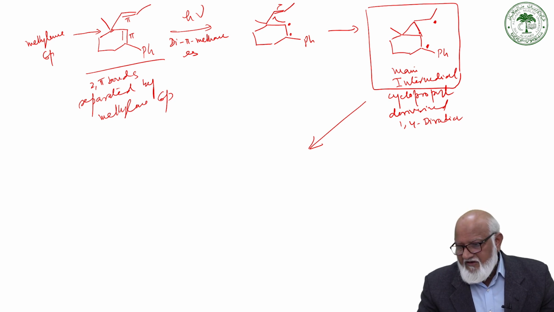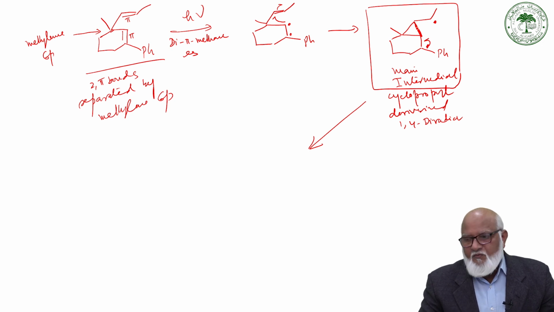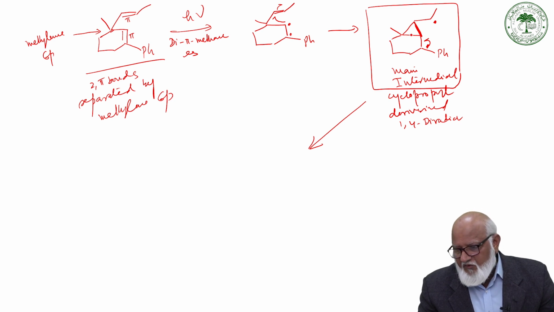This is the new bond, and this will form a double bond here, and if we cleave this new bond, we go back to the starting material. So in order to proceed to the product, we have to cleave either this bond, say for example A, or cleave this and then make a double bond here and cleave this B.